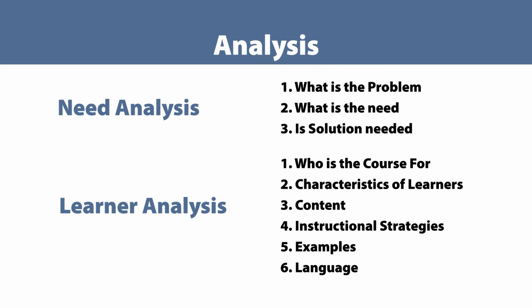But learner analysis is importantly done in the open university system: who is your learner, who wants to take this course, who is this course for? You need the characteristics of your learner, whether they have laptops, which background they come from, whether they are digitally sound. These are the characteristics of the learners which you have to find out.